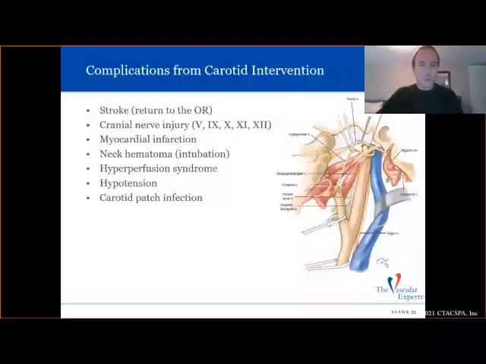Another good complication to know is hyperperfusion syndrome, which is headache after revascularization of the carotid artery, and it's associated with hypertension. So headache and hypertension has to be treated. You have to decrease the patient's blood pressure because the intracranial arterial perfusion is too high.